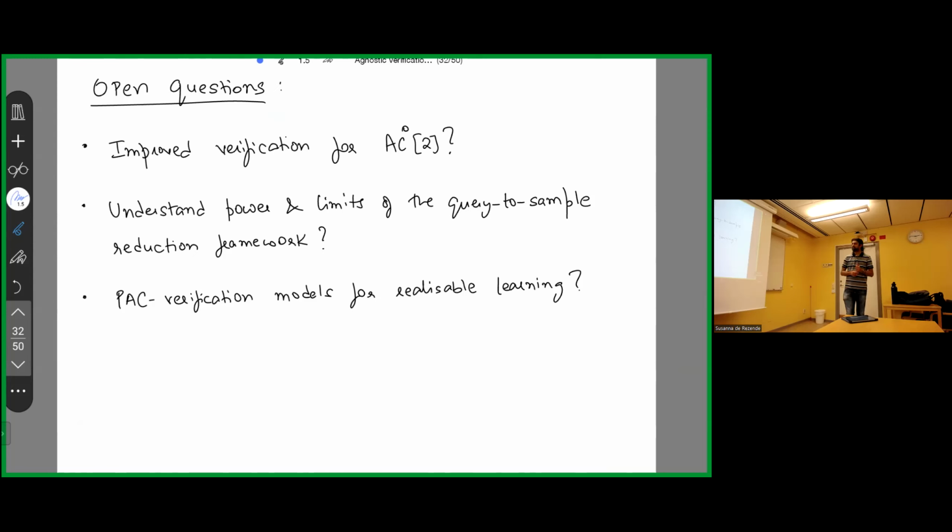And finally, personally, I feel the PAC verification framework, the fact that so far it only works for agnostic learning, means that somehow it's not capturing realizable learning, which seems to be trivial. At the same time, is there a modification of the model which can also capture verification for realizable learning, which is also quite relevant?